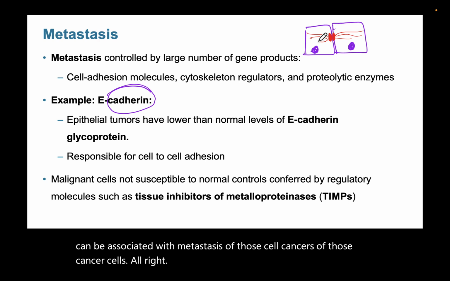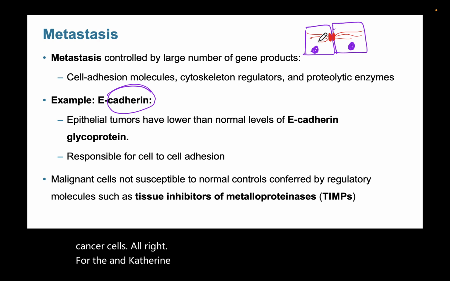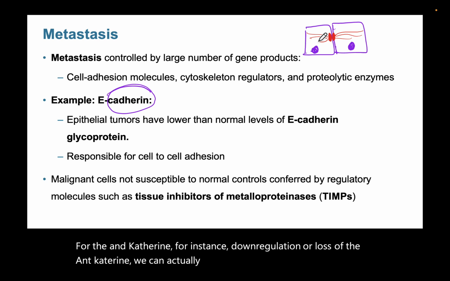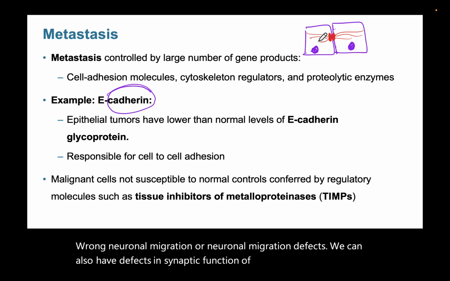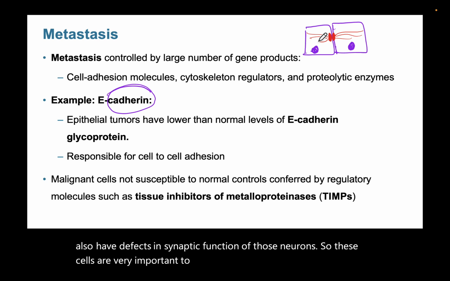For the N-cadherin, for instance, downregulation or loss of the N-cadherin, we can actually have wrong neuronal migration or neuronal migration defects. We can also have defects in synaptic function of those neurons. So these molecules are very important to maintain cells together.